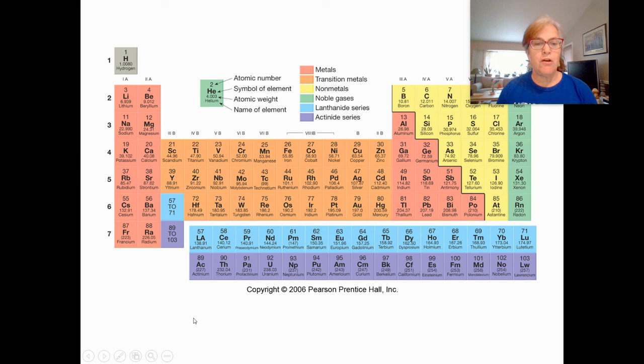So if we look over here, lithium has 6.939 as an atomic mass, or atomic weight. That means the number of protons and neutrons together is equal to this number. And then the top number is the number of protons.